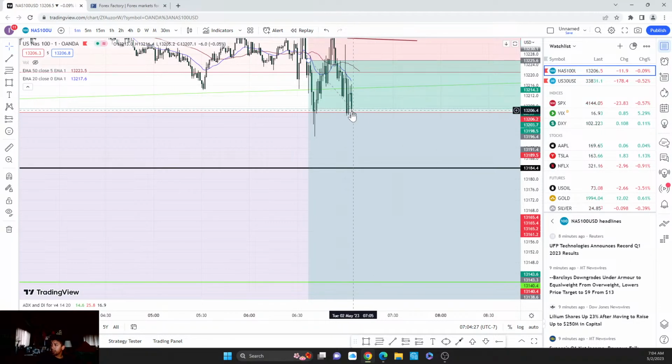Hopefully it breaks through this right here. This is going to be a key area, so hopefully we can see a breakthrough right now.